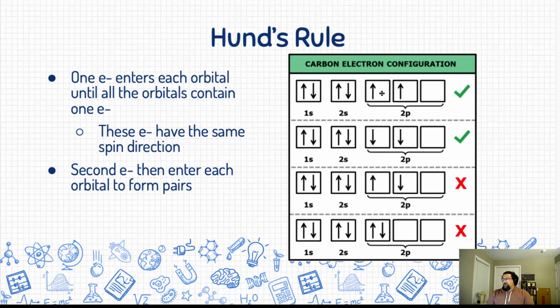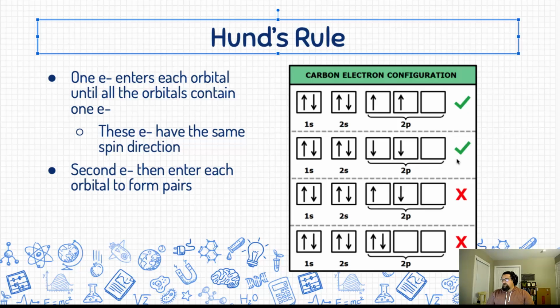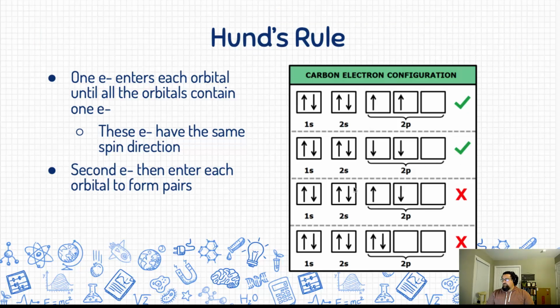Then you can go back and put the second in, put the second in, put the second in. All right. So it's showing you could do up, up, up, or down, down, down, but you have to have them one at a time and spinning the same direction. So not opposite directions or not 2 into 1 orbital.